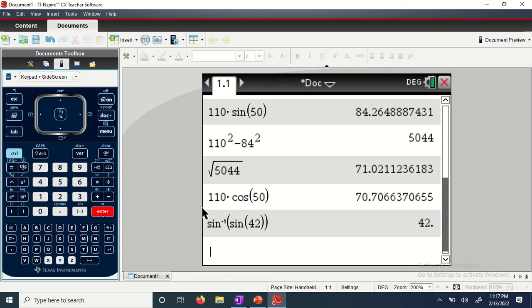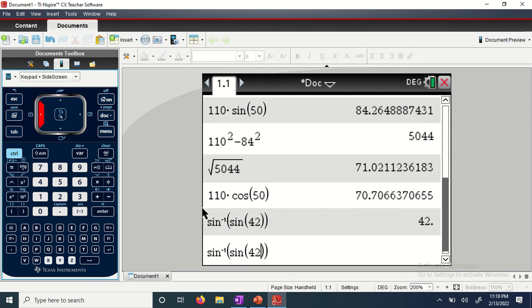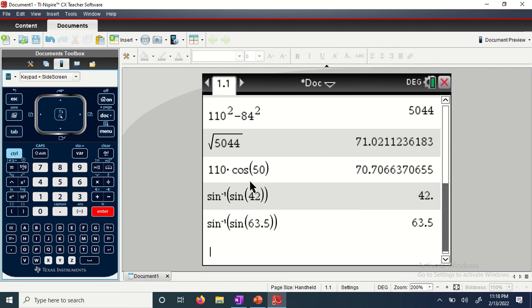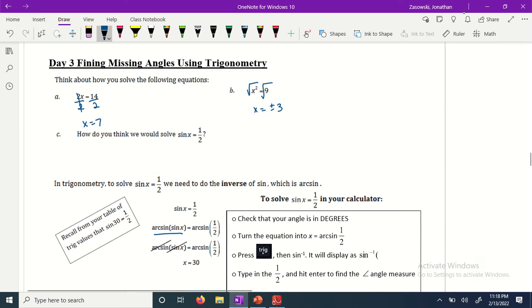When we hit enter, we're going to get that 42. We could change this to anything as long as it's less than 90 and more than 0. How about 63.5? We're going to get that 63.5. So what's happening is the sine and sine inverse are like multiplying and dividing by 2 earlier, undoing each other like we did on the first part.